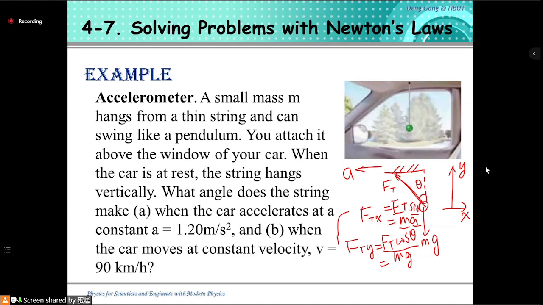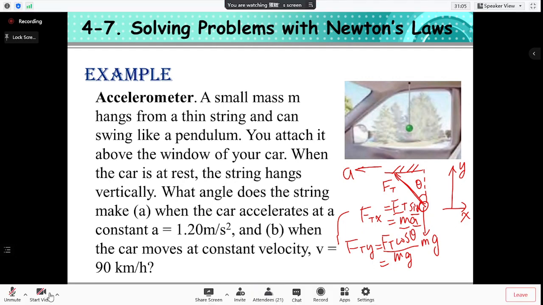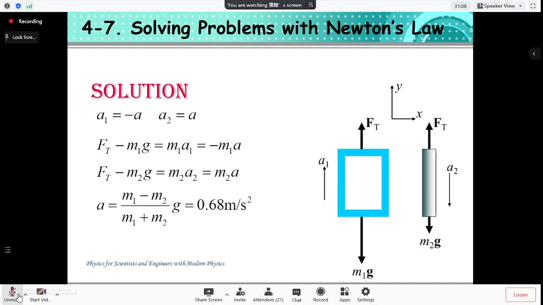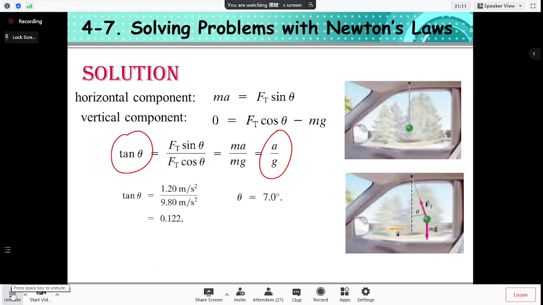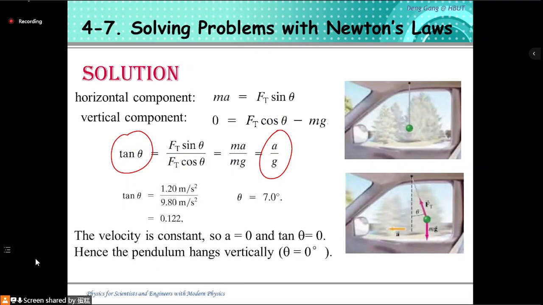You can also understand it another way, because the acceleration is the rate of change of the velocity. The velocity does not change, which means the acceleration is 0. So if the acceleration a is 0, according to this equation, the angle is 0. It will not change.